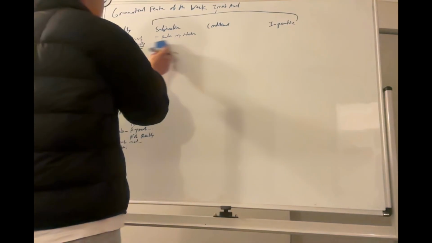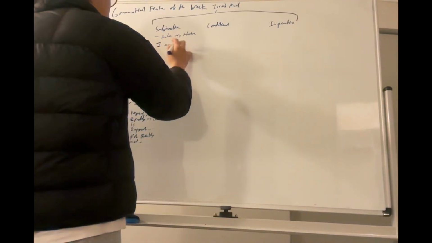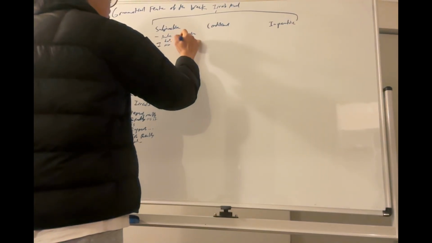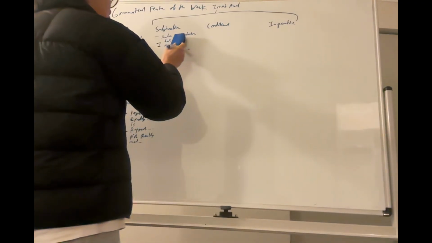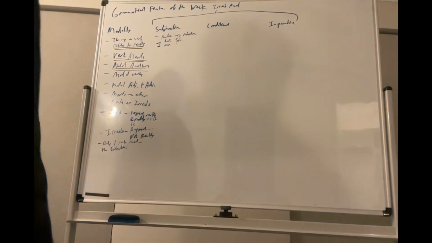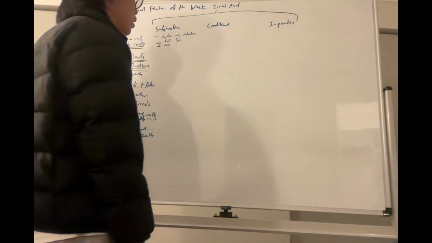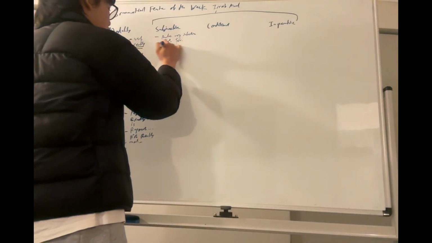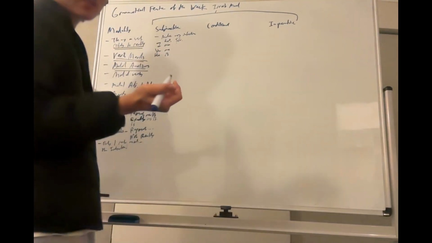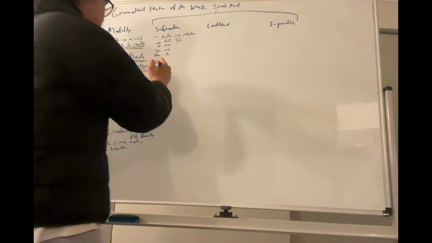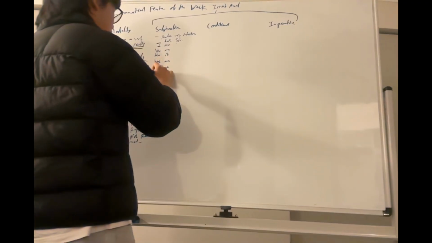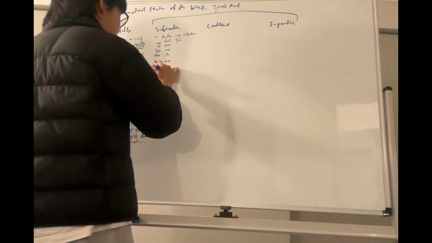Normally in English, you would say something like, I am, you are, he, she, it is, we are, you all are, they are.